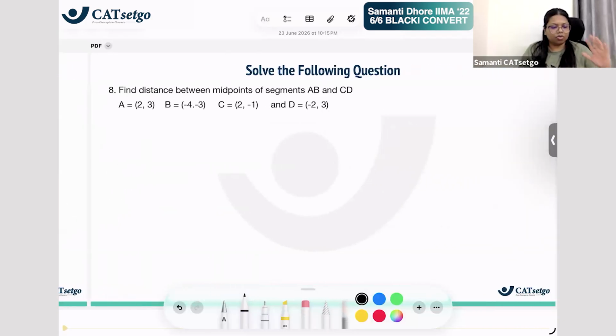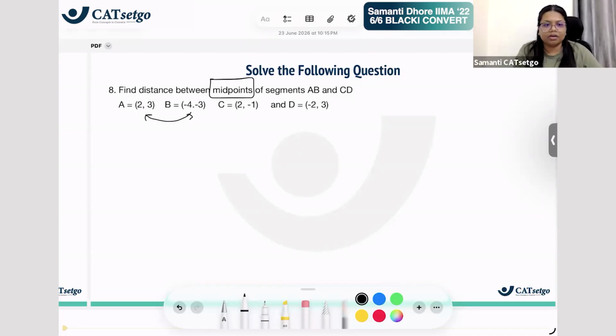चलो अब नेक्स्ट क्वेश्चन, find the distance between the midpoints of segment AB and CD. Find the distance between midpoints of these segments. How do we solve this one? We first find midpoints. What is the midpoint here?